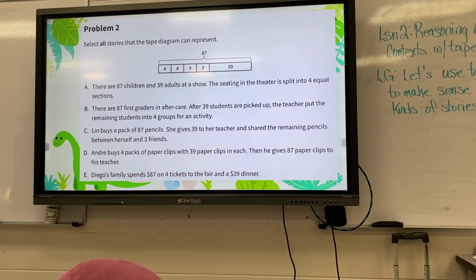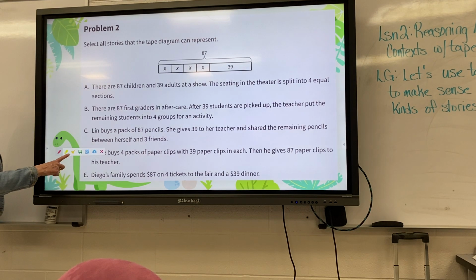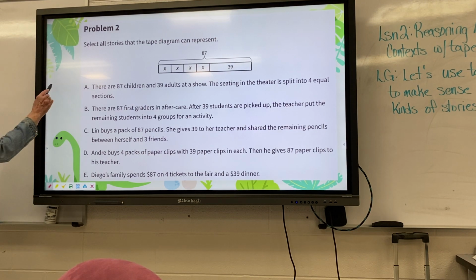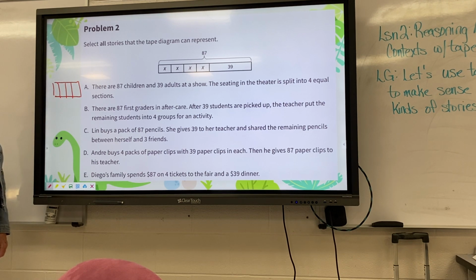All right. Anybody have a clue of what that would look like? What do you think that would look like? We have 4 sections, right? And how many people do we have total?